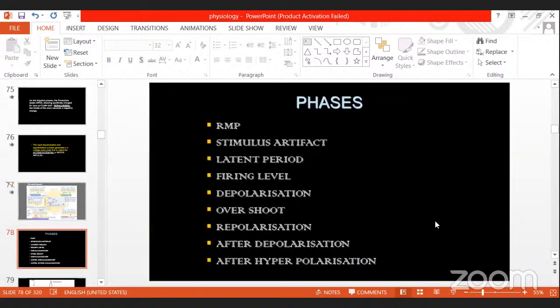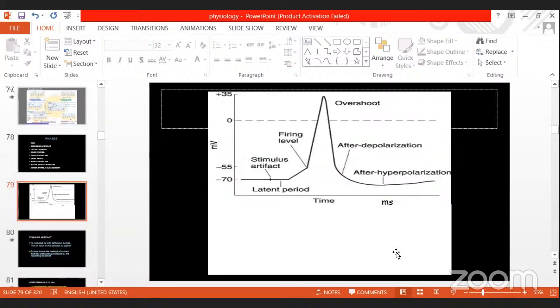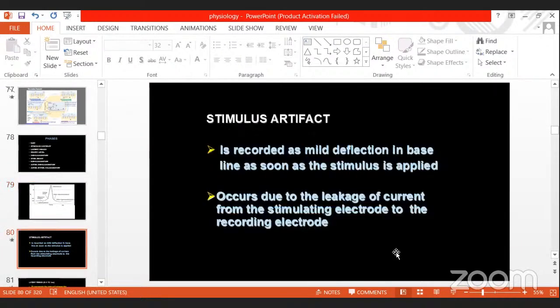So these are all the phases of an action potential: resting membrane potential, stimulus artifact, latent period, firing level, depolarization, overshoot, repolarization, after depolarization, and after hyperpolarization. The stimulus artifact is due to the leakage of current from the stimulating electrode to the recording electrode.